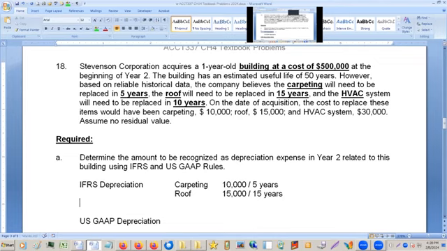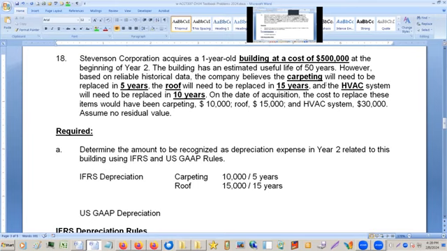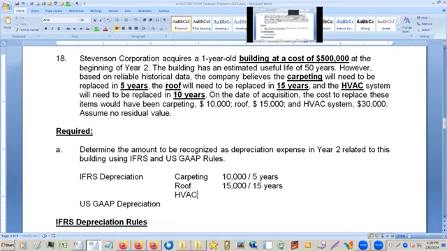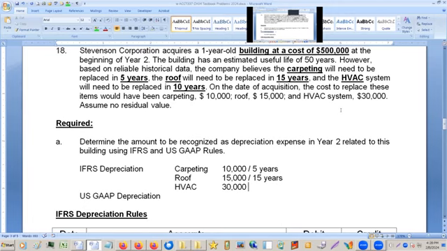And let's see, the heating, ventilation, air conditioning system. I'm just going to copy that. $30,000, and that was for 10 years.